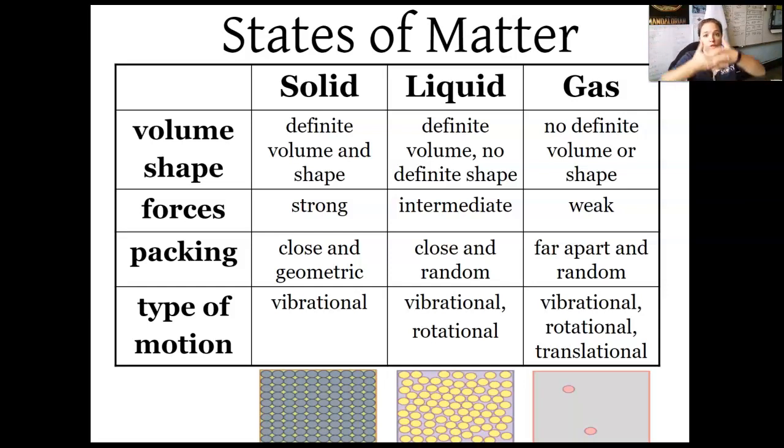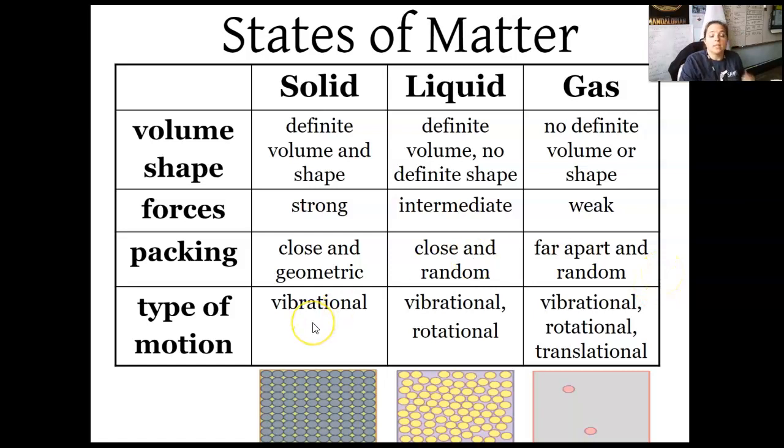Solids are super close. They're on top of each other. They're linked. They're geometric shapes. Liquids, they're close. We've seen that in the last lab, but they're kind of random. And gas, as far apart as possible and totally random.